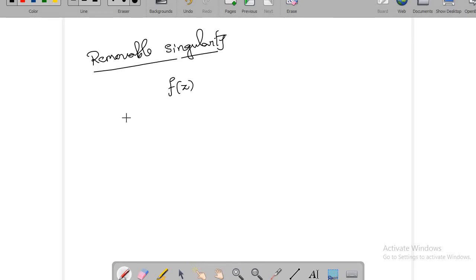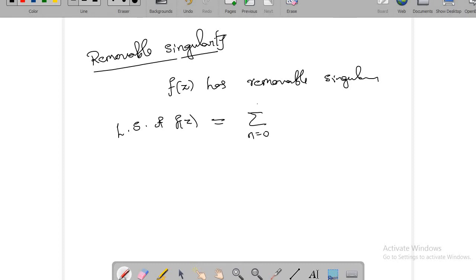It means the Laurent series expansion of f of z will only have the analytic part. The principal part will be 0, right? That is summation n equal to 0 to infinity of a n into (z minus z naught) whole power n plus 0. The principal part will be 0.